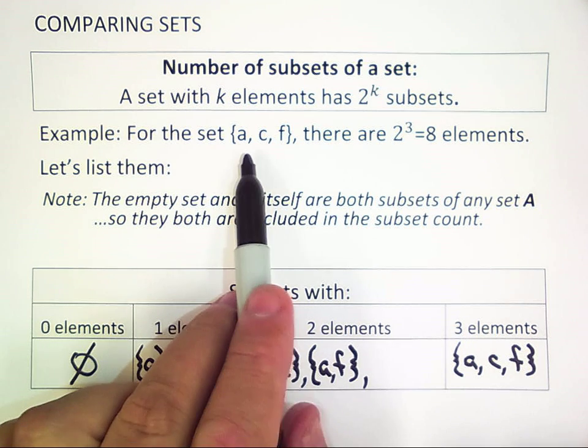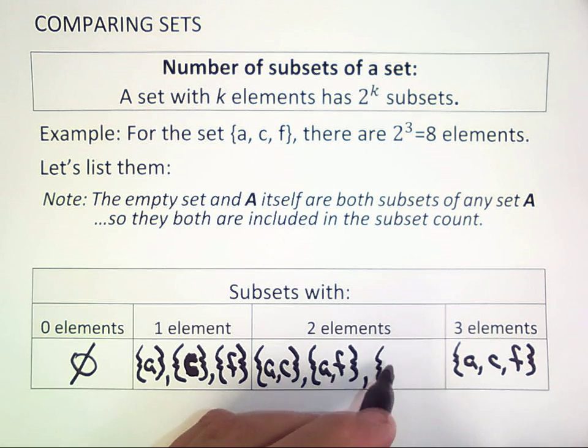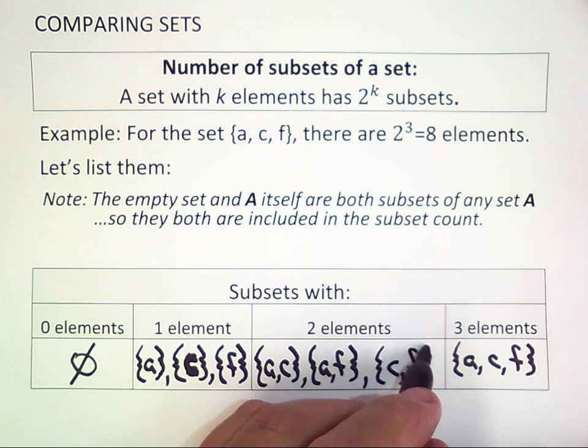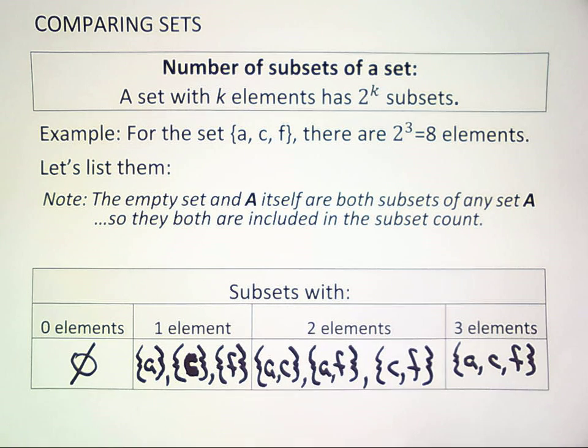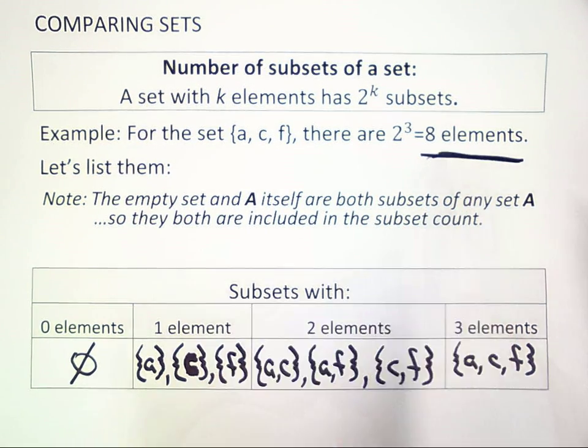And the only other combination would be the C paired with the F, because remember, order does not matter. And if you count them, 1, 2, 3, 4, 5, 6, 7, 8, just as we said. There are 8 subsets for any set that has 3 elements.